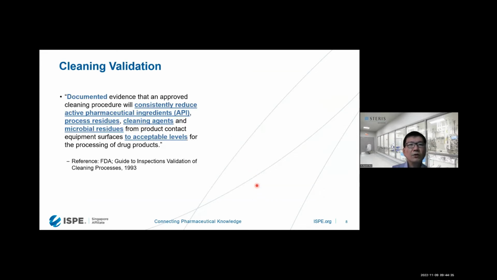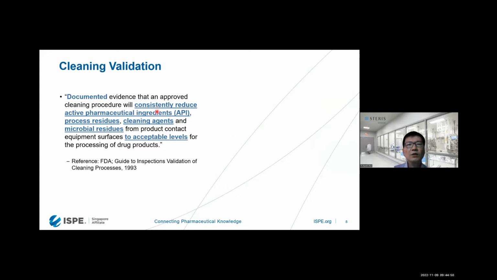So first, we just look at cleaning validation, based on the guidance document. Basically, cleaning validation is documented evidence that the cleaning procedures will consistently reduce the active pharmaceutical ingredient.